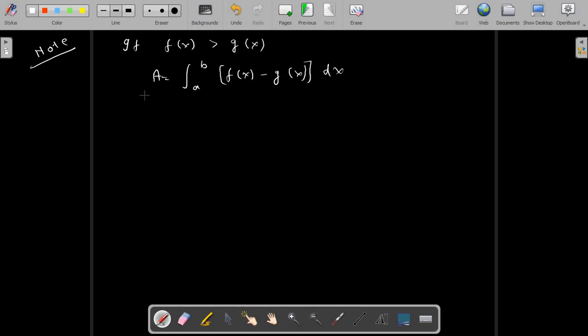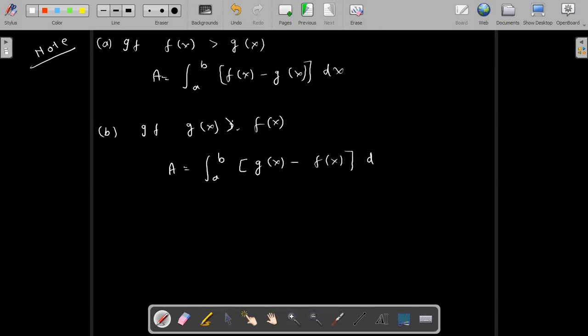This will be the formula for A. But if g(x) is greater than f(x), then A will be written as the integral from a to b of g(x) minus f(x) dx.